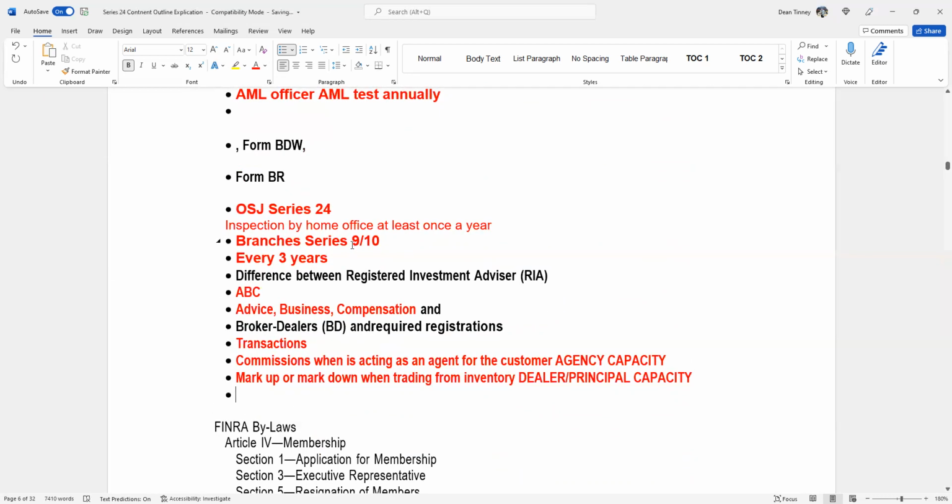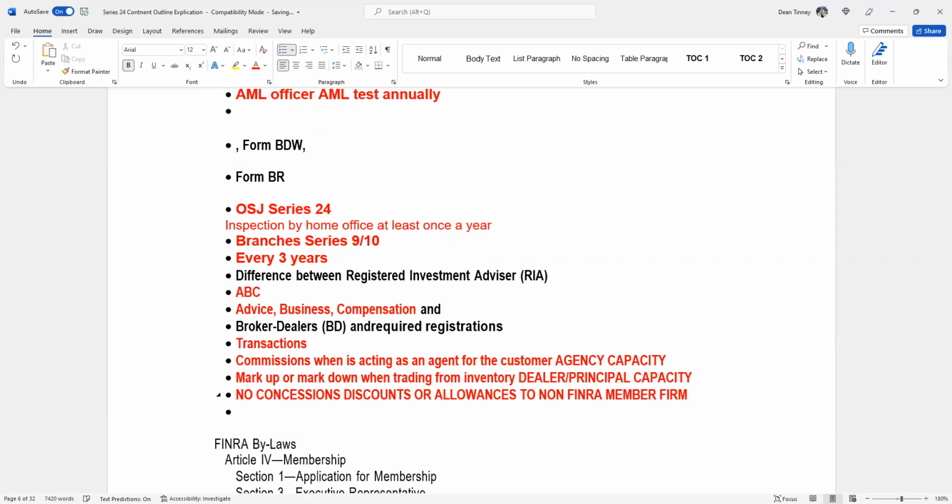Very important to know. In fact, that's why a lot of people set up broker dealers: you can't pay concessions, discounts, and allowances. If you're going to pay somebody a concession, discount, or allowance, they have to be a member firm.